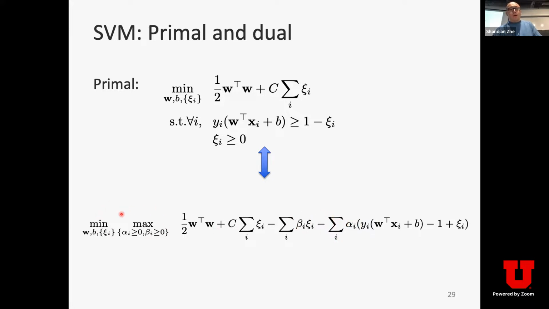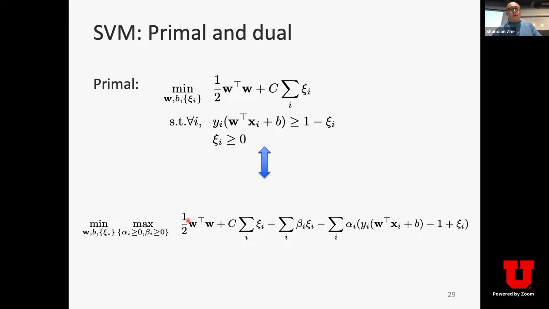And remember, we're doing minimax optimization. Okay? In the inner level, we do the maximization with respect to the Lagrange multipliers plus non-negative constraints. So Lagrange multipliers include alpha i's and beta i's. So we require that alpha i's and beta i's are non-negative, right?